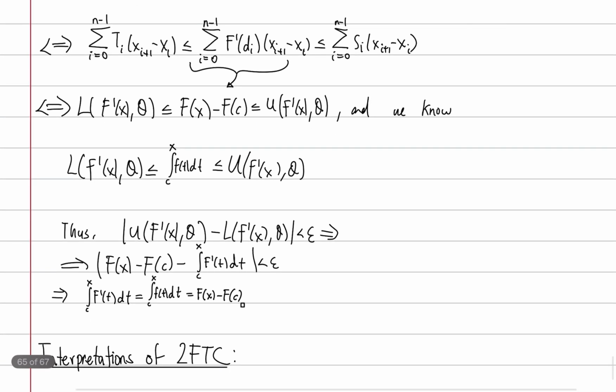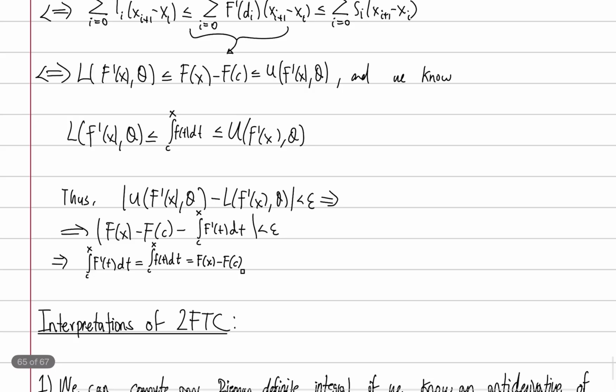So if we can make the upper and lower sums as close as we want, then whatever's in the middle, which happens to be capital F of x minus capital F of c, and the integral will also be squished together. We can make those distances less than epsilon, right?